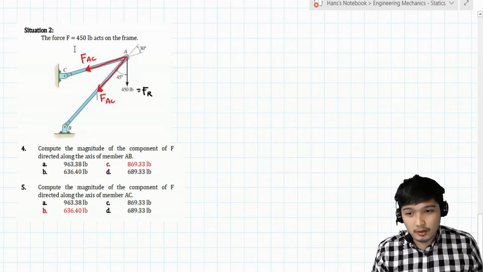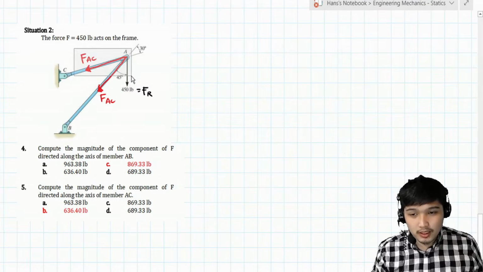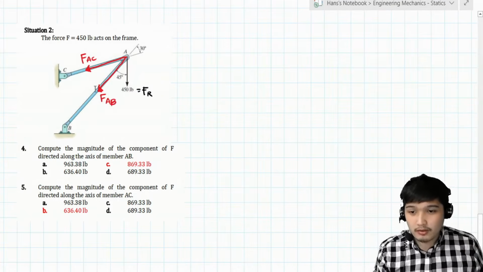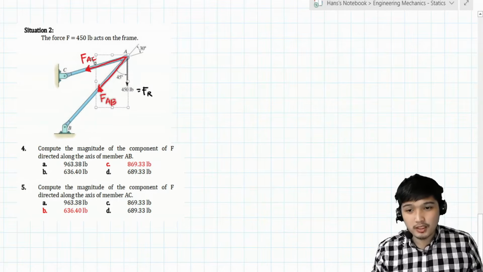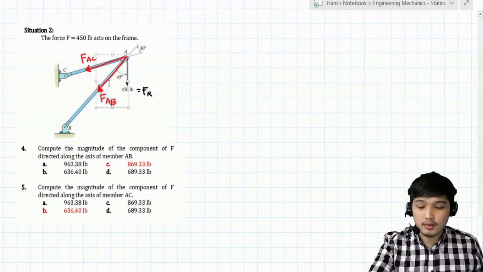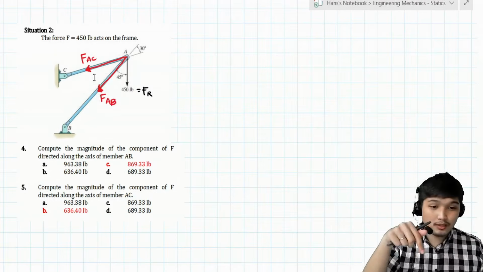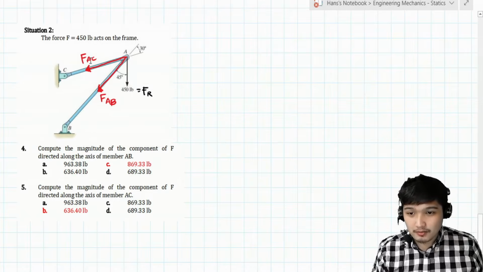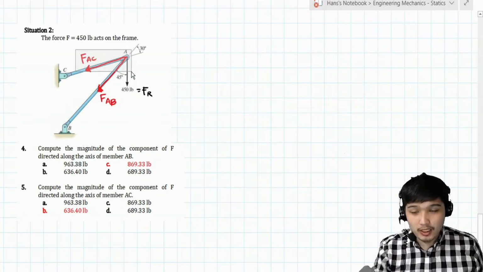So, gets ba yun? Yung FAC may downward component. And then, etong FAB, meron din siyang downward component. Yun nga, ibig sabihin, downward plus downward. O baka nga tumugma dun sa 450. Ang kaso, pag ganyan yung ginawa mo, parehas silang papuntang left.